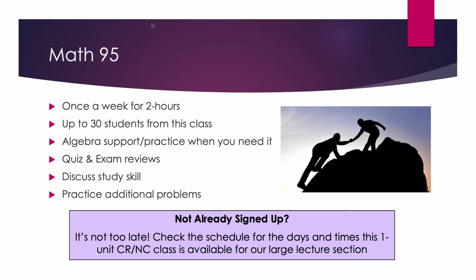This will be a small group of about 30 students, giving you the practice and support you need in addition to discussing study skills and giving you additional problems. Even if you aren't signed up, it's not too late to enroll in this 1-unit credit, no credit course. Check the class schedule, and there's also information listed in the orientation portion of Beachboard.